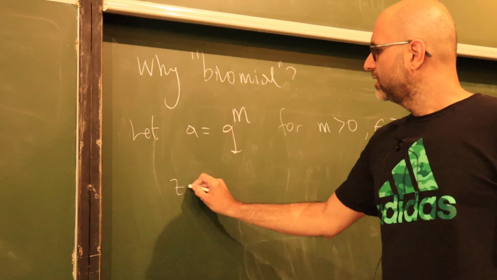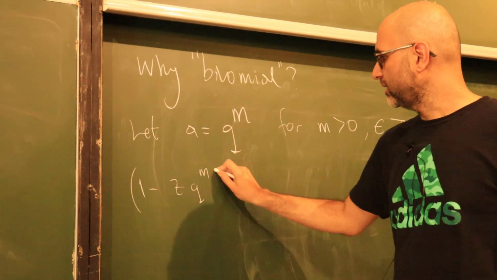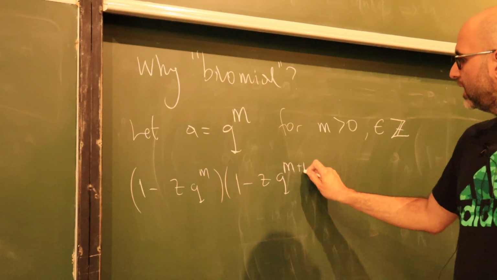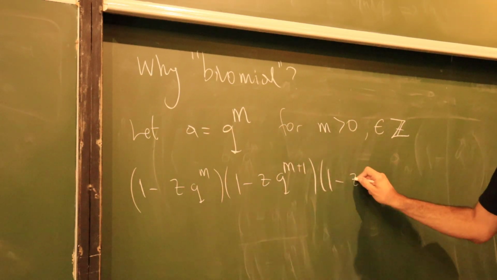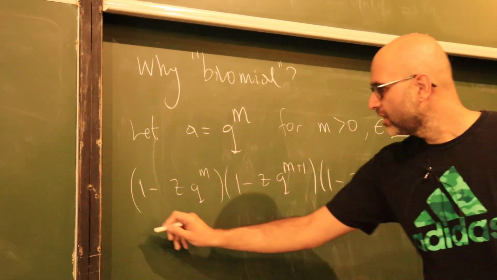Upstairs is going to be Z times Q to M, 1 minus Z times Q to M, 1 minus Z times Q to M plus 1, 1 minus z times q to m plus 2, and so on.